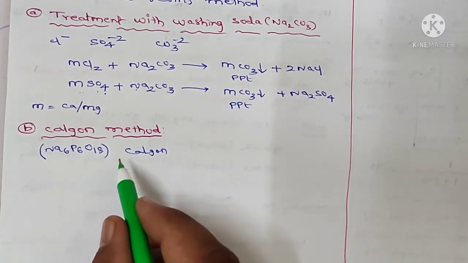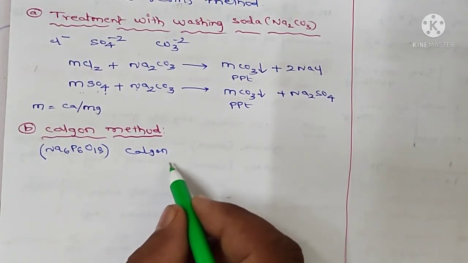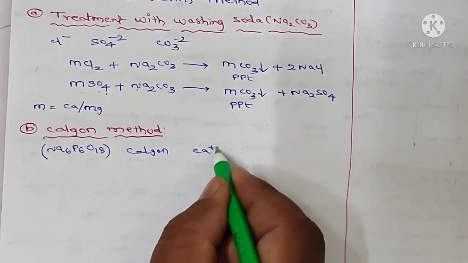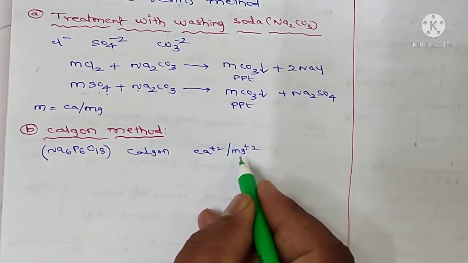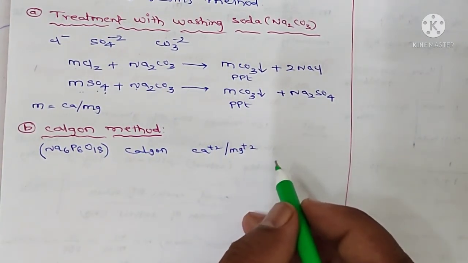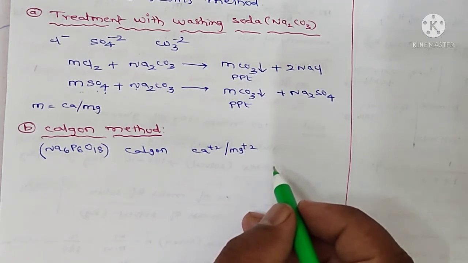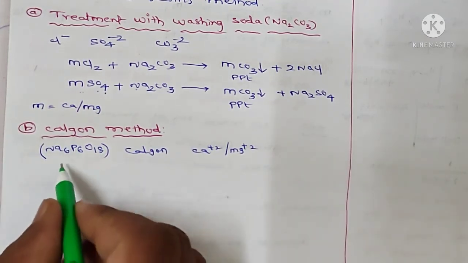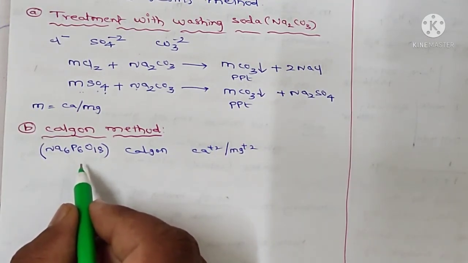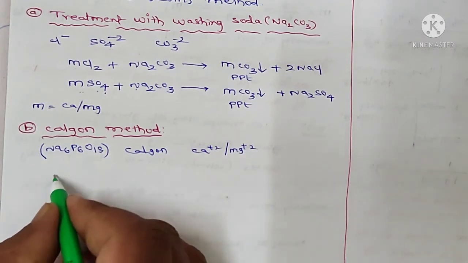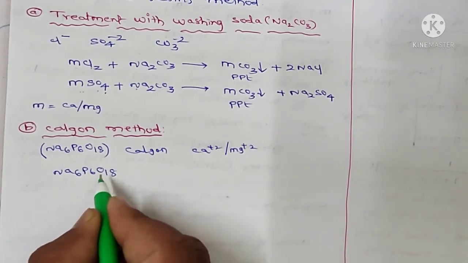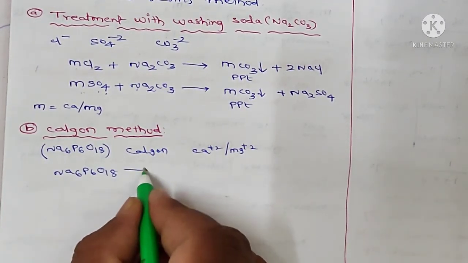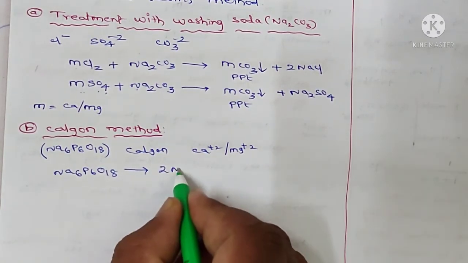When it is added to the hard water, the complex ion reacts with calcium plus 2 and magnesium plus 2. Then the complex is removed by the filtration. Then we are getting the soft water. So this calgon, Na6P6O18, will give the complex ion and 2Na plus.